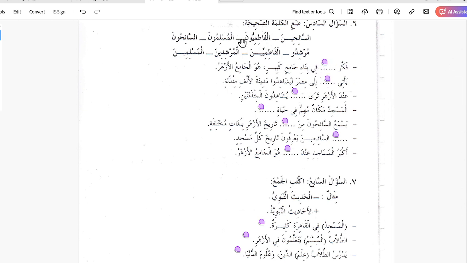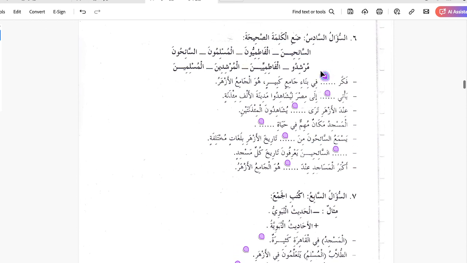So fatimiyuna, they thought fi banai jamin kabirin, in making a big mosque, huwa jame al azharu, which is the al jame al azhar. So you see, Fatimiyuna was coming as the fail, so we cannot use Fatimiyina here.